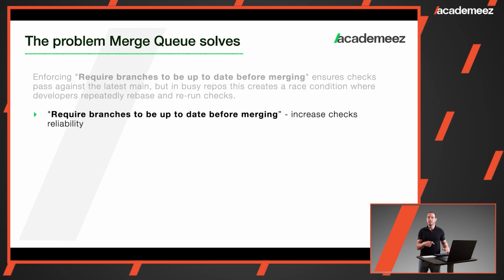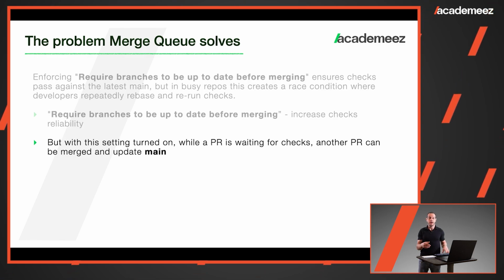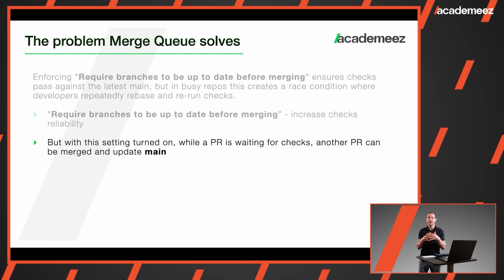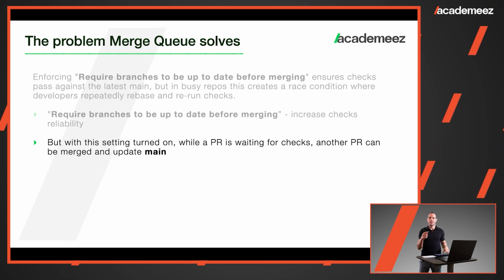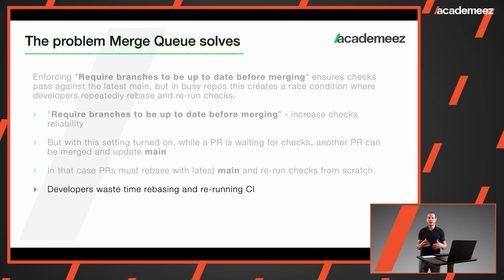As we mentioned, this option does increase reliability, and we do recommend turning it on, but with this setting turned on, it can cause a problem of developers racing against each other to merge their code to main, and other developers always need to rebase and rerun the checks.